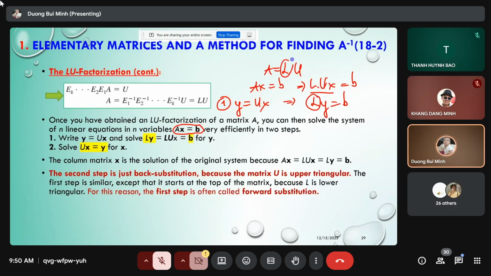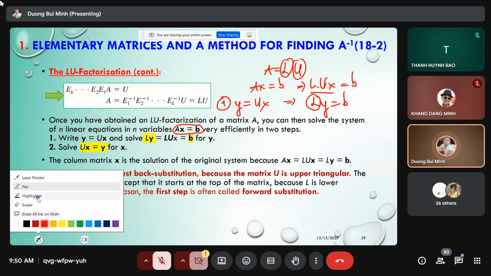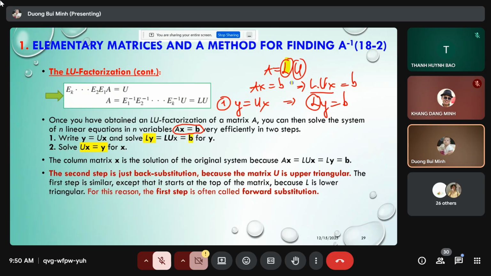Yes, because we apply the factorization method, you can get U and L. So if we know L, B we already know, so you can get Y.